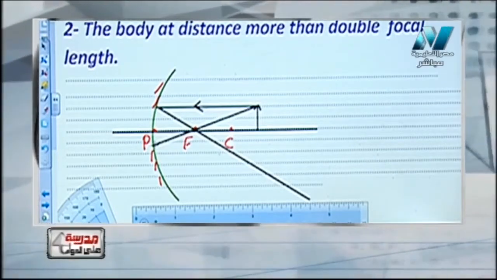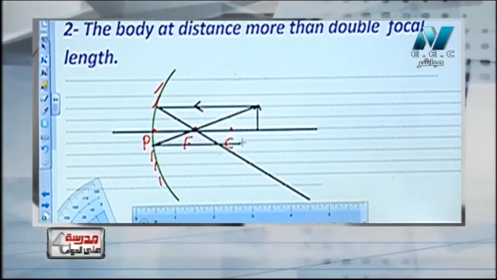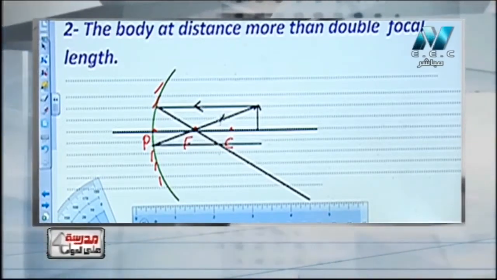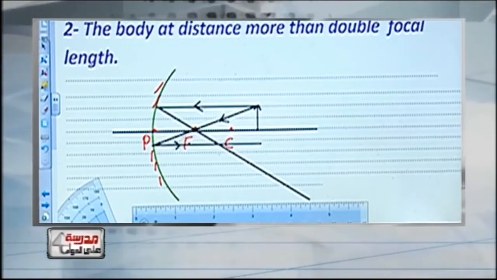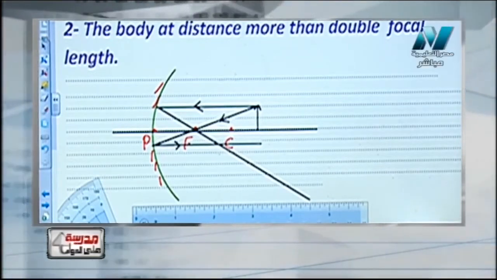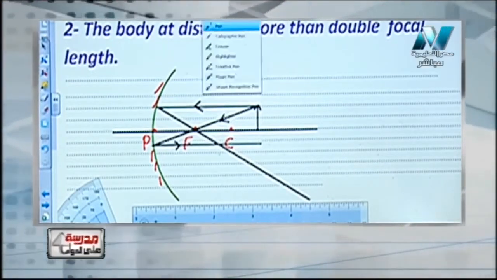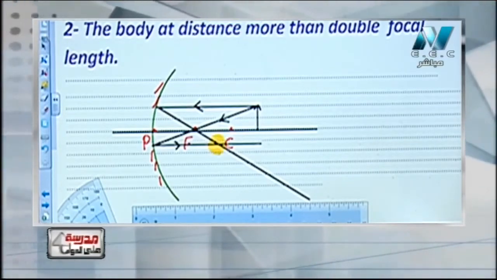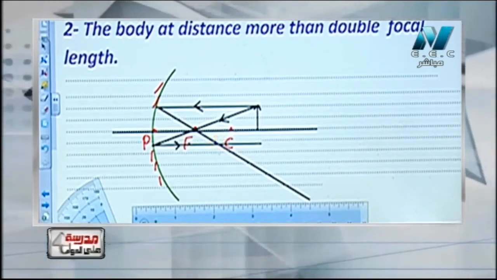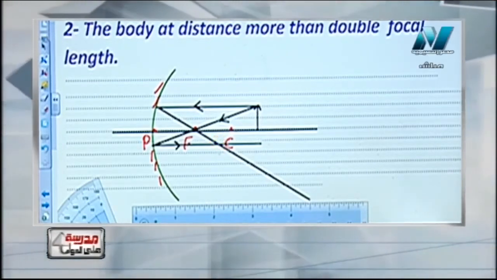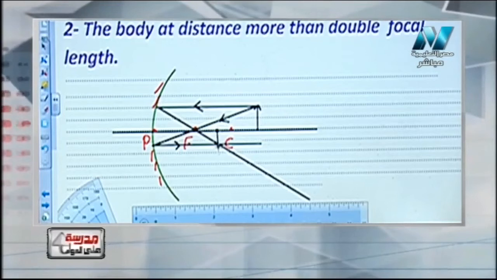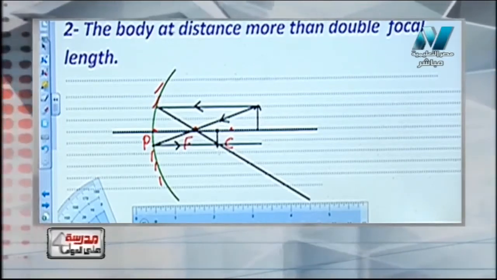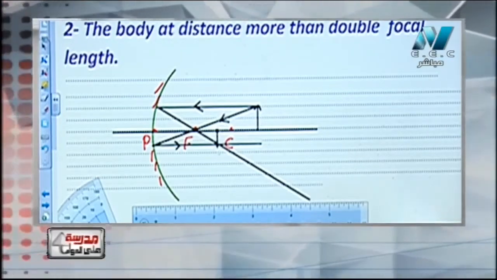It will reflect parallel to the principal axis as we see like that. So the intersection in which place? Intersection in this point, so the image is here. We will draw the image in this point.